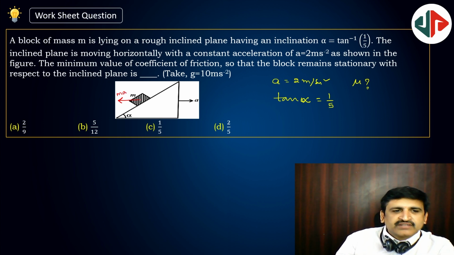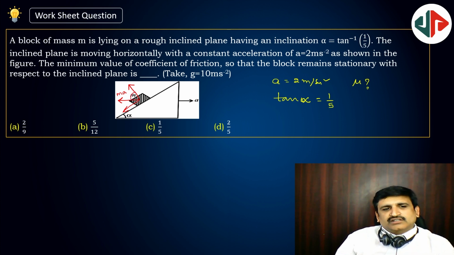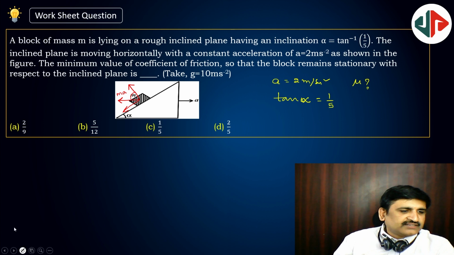That ma can be resolved into two components, one this way, one along the plank. If it is alpha, then this will be alpha too. These are alternate angles. So this will become alpha.